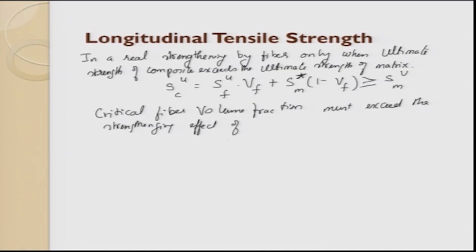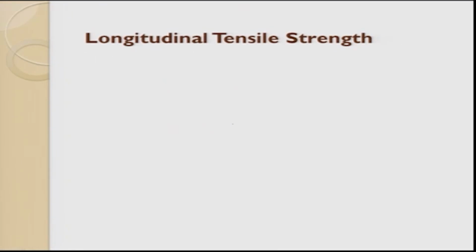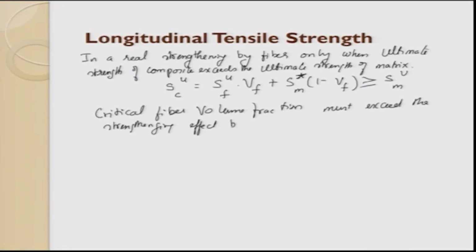So an effect by the fibers. So if we rearrange all these terminologies, what we get is V of F, which is otherwise called V critical, which is SMU minus SM star divided by SFU minus SM star.